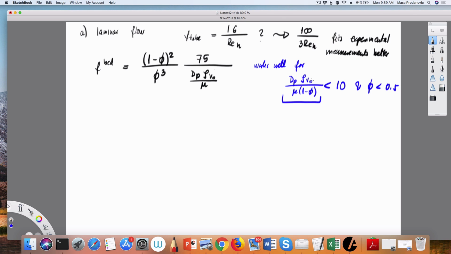Because then it actually turns out that it works really well, but I had to come up with my proper definition of the Reynolds number so that this fitting of the roughly 1 over Reynolds number works. Because look at the complex relationship with porosity. You don't come up with that by guessing, right?